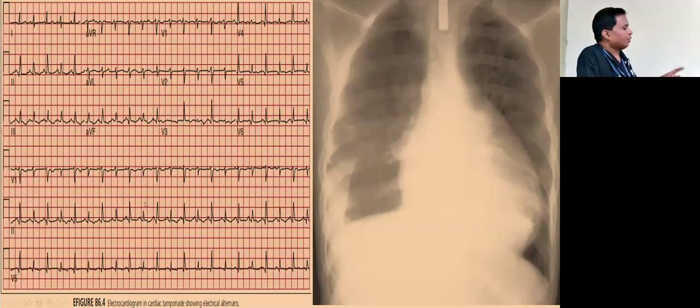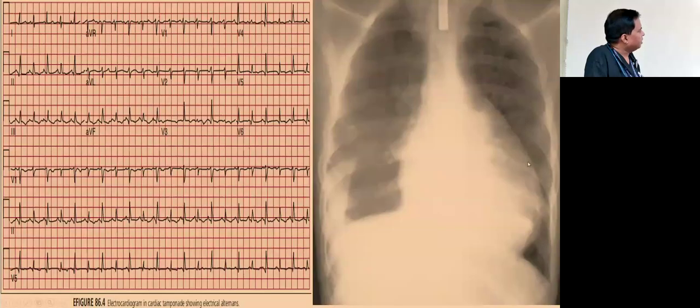It is actually total alternans which is pathognomonic. Total alternans means not only the QRS complex, but the P wave and the T wave should also alternate. Then only it is pathognomonic of cardiac tamponade. Otherwise, QRS alternans can happen in other conditions, like with VPCs.